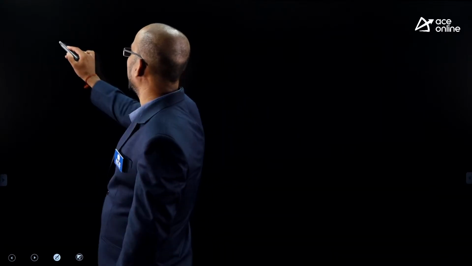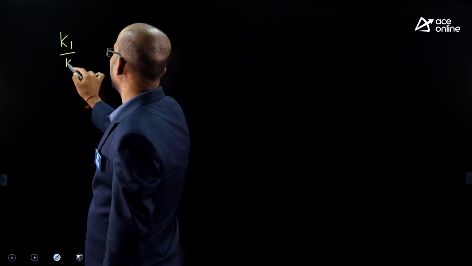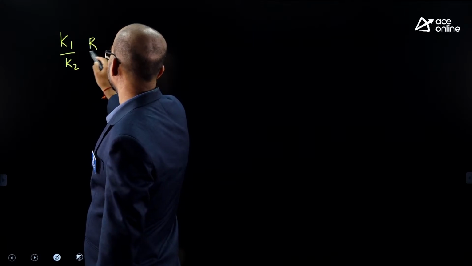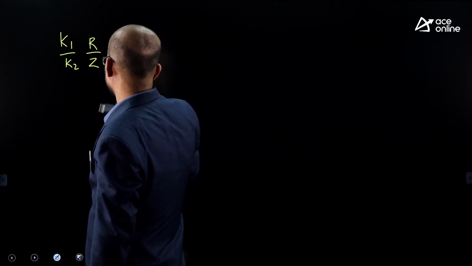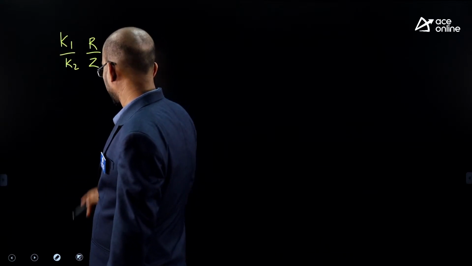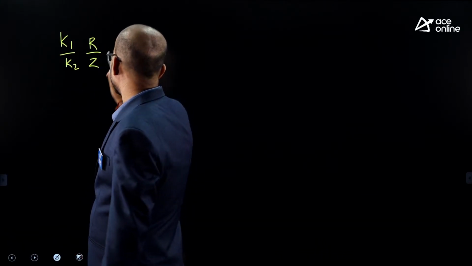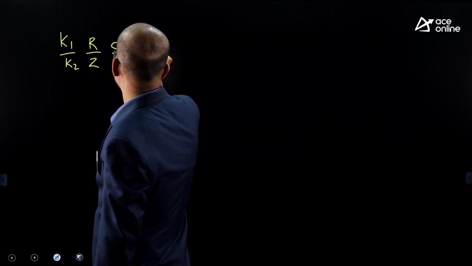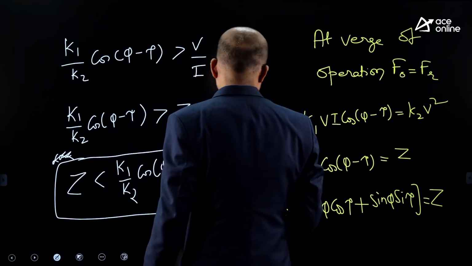Then you can rewrite the equation as K1 by K2 times R by Z cos tau.